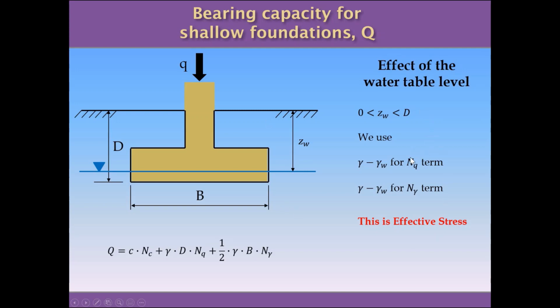For this reason, we use gamma minus gamma W for both the second and third terms of the bearing capacity calculation, because we are dealing directly with the effective stress. When we work with the difference between the dry unit weight and the unit weight of the water, we are using the effective stress.